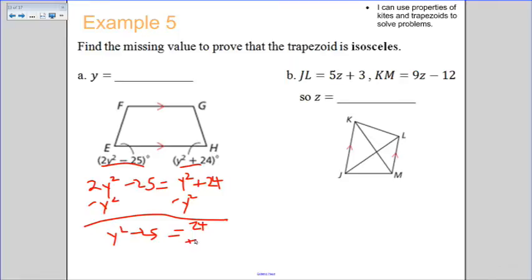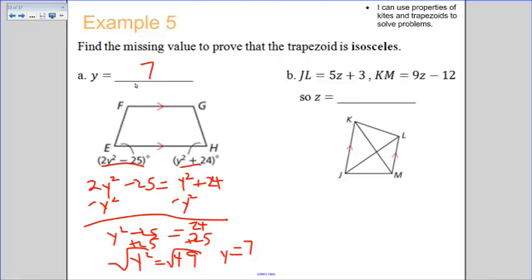Now if I add 25 to either side, I'm going to get y squared equals 49. Take the square root of both sides, y equals 7. So up here, we're going to get a value of y equals 7.